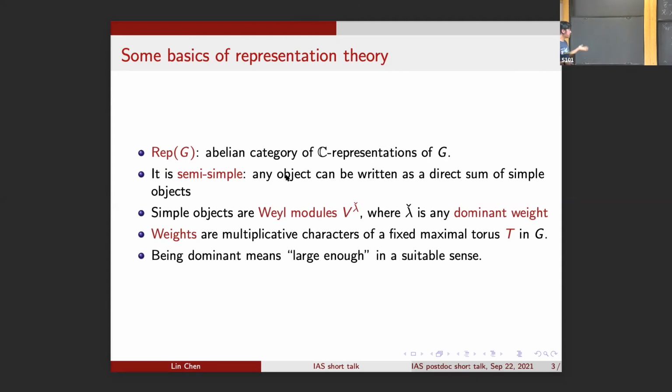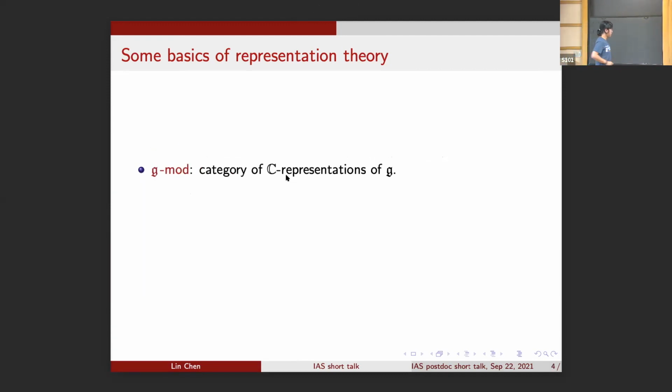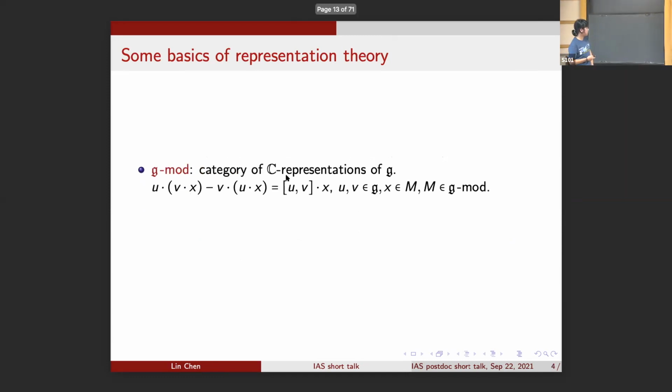So this is the story for this group G. It's well studied, and it's safe to say people know everything about it. But the category of representations of the Lie algebra is much more complicated. Recall a representation of the Lie algebra is just an action of this Lie algebra on your vector space such that the commutator of your action is given by the action of the Lie bracket. It's this formula.